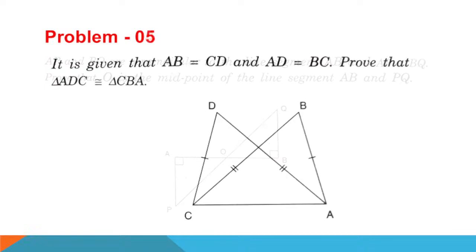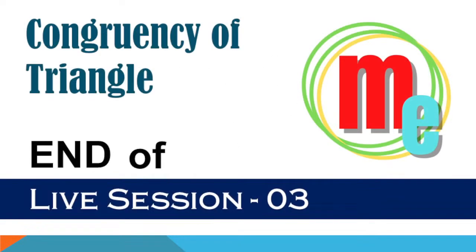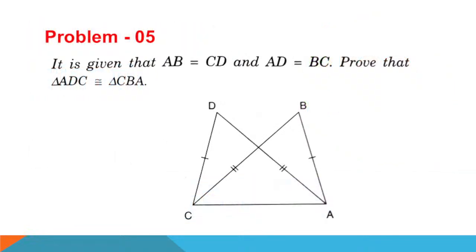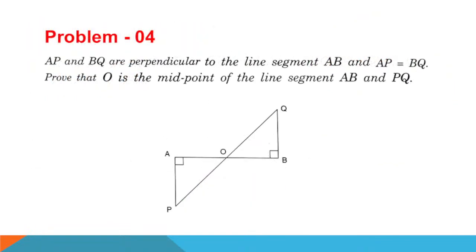I think this is okay. Only two problems are here. See the problem. Last two problems, number 4 and 5, I'm keeping for you as homework. Okay, AP and BQ are perpendicular to the line segment AB.